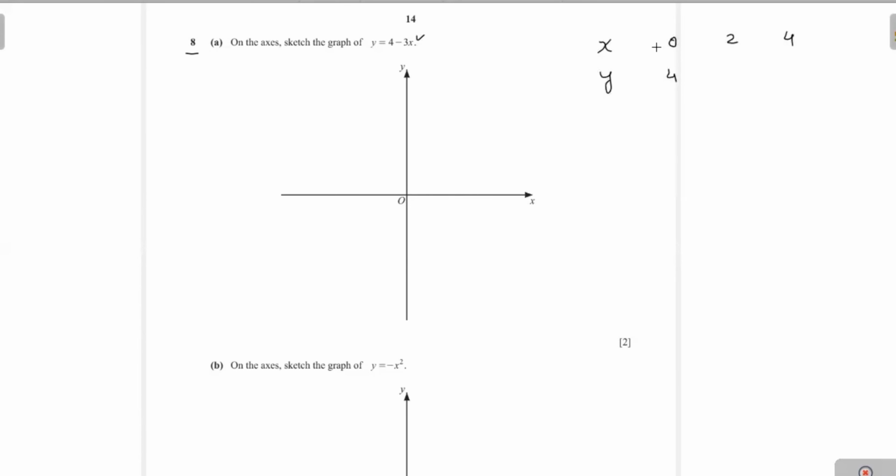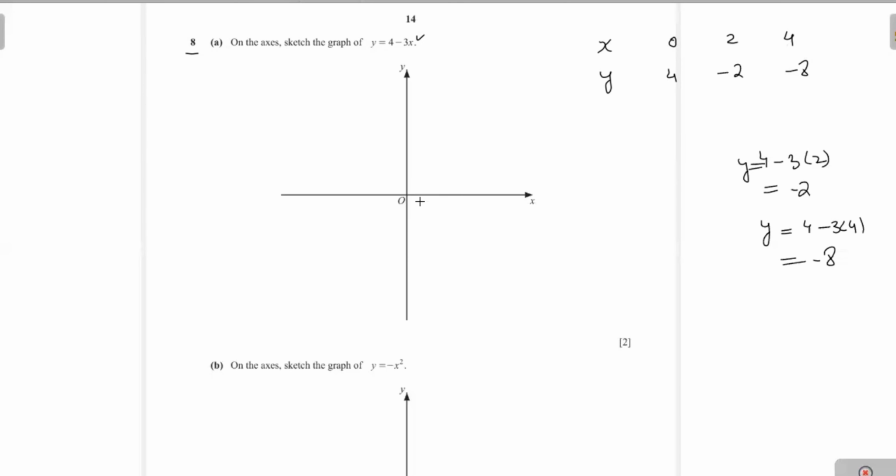When x is 2, y will be equal to 4 minus 6, which is minus 2. And when x is 4, 3 into 4 is 12, so 4 minus 12 is minus 8. The value of y against 4 is minus 8.